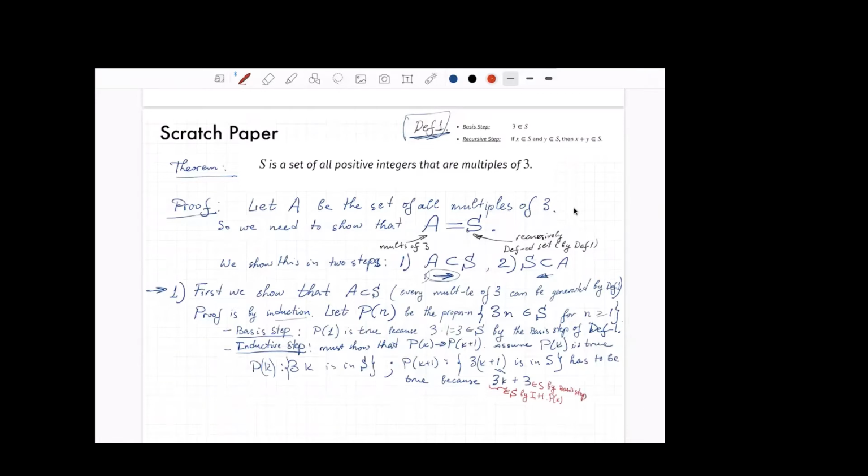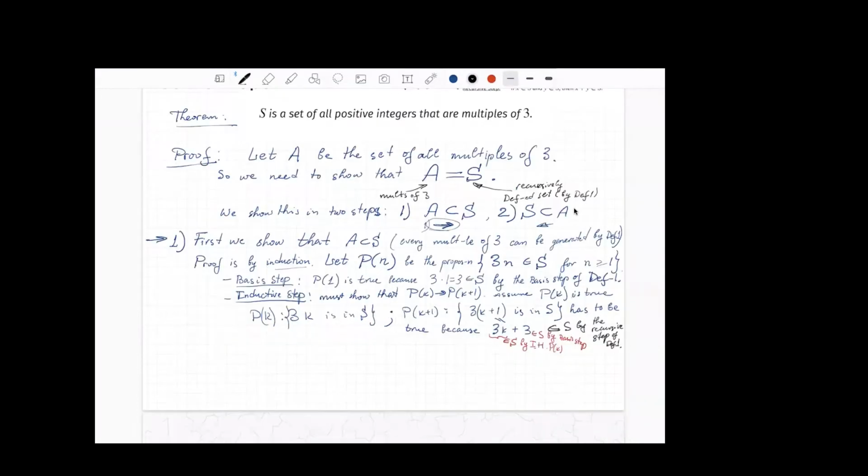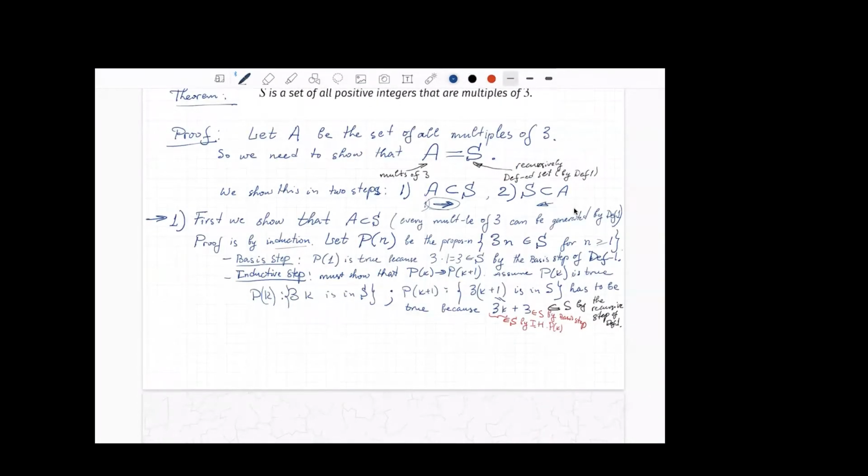So their sum has to be in S by the recursive step of the definition. Because it's 2 elements that are already in S, and the recursive step tells me that if I have 2 elements that are in S, their sum must be in S by the recursive step of definition 1. Okay, that's great. At this stage, we proved one part.